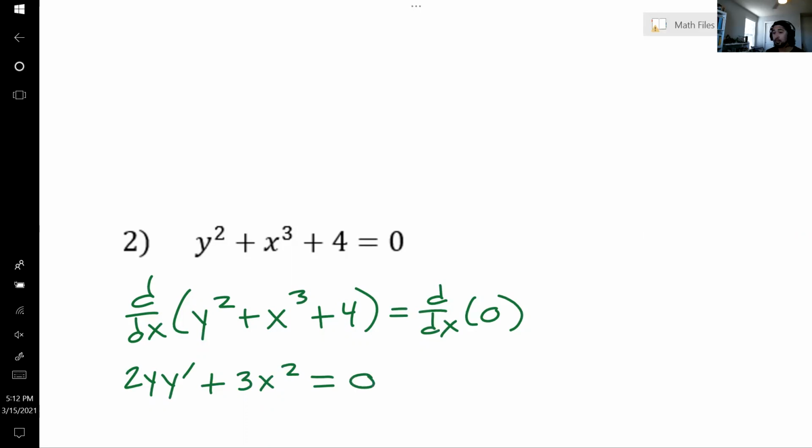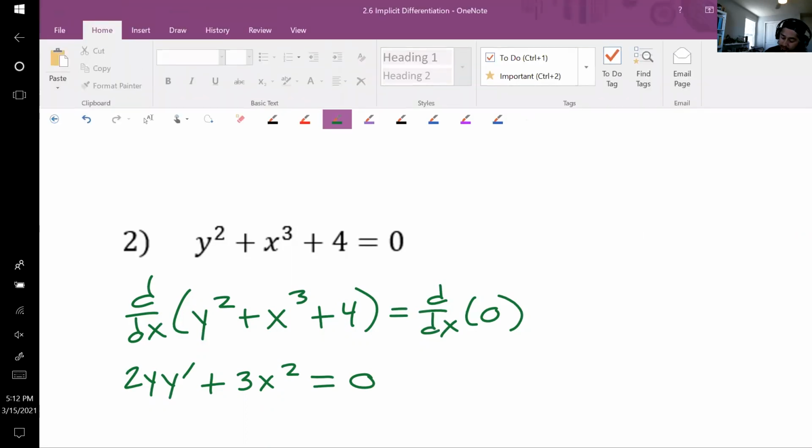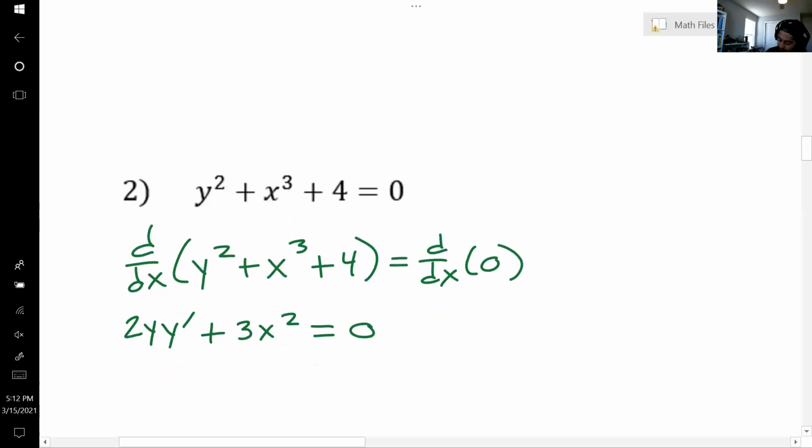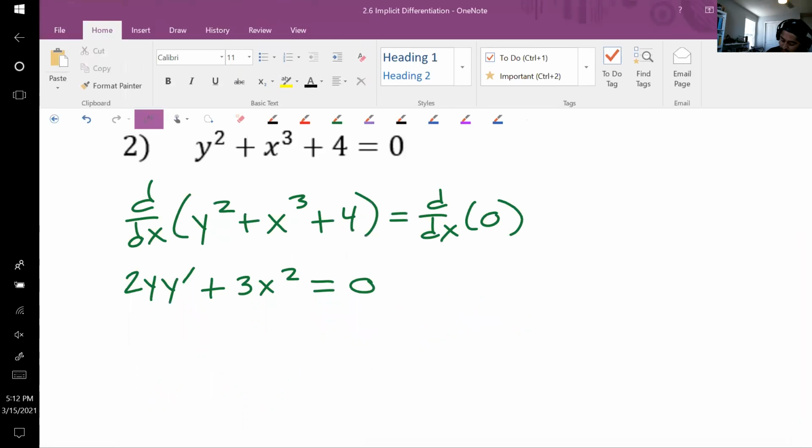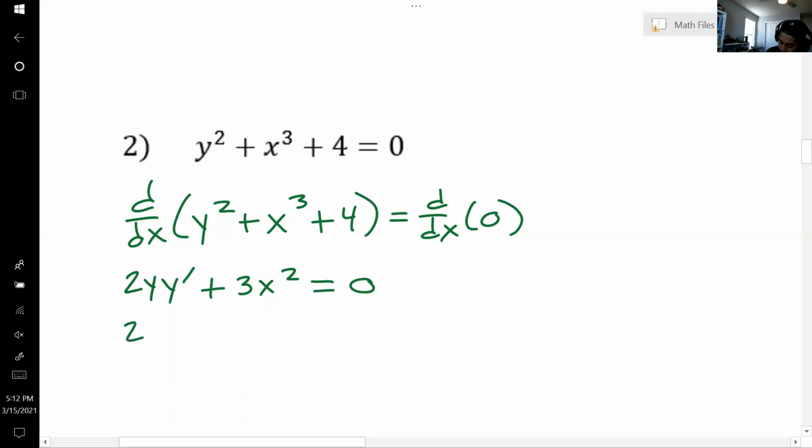Okay. So there's our derivative. Now, all we have to do is solve for y prime. So that means move that 3x squared over. So you'll get 2y y prime equal to negative 3x squared.